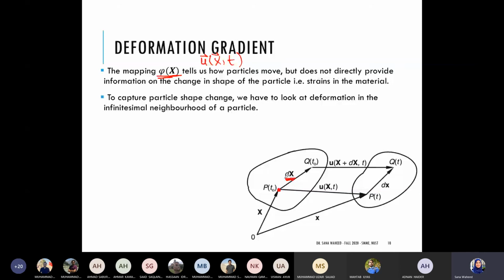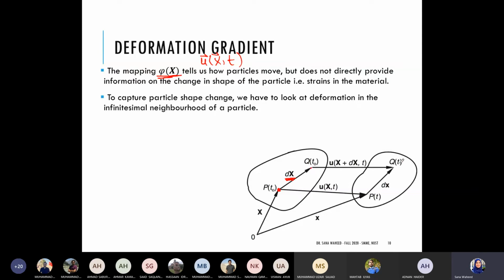So this new particle, which is just a small position vector away from the particle P, I'm going to call capital Q, which is at a time t0 in the reference configuration lying right here. If I look at how this particle is deforming, I've gone from Q being right here to Q being somewhere right here.